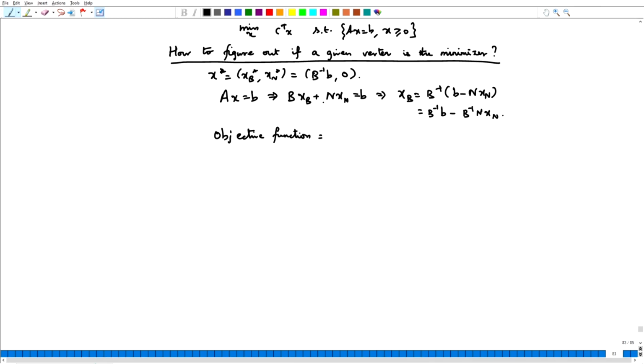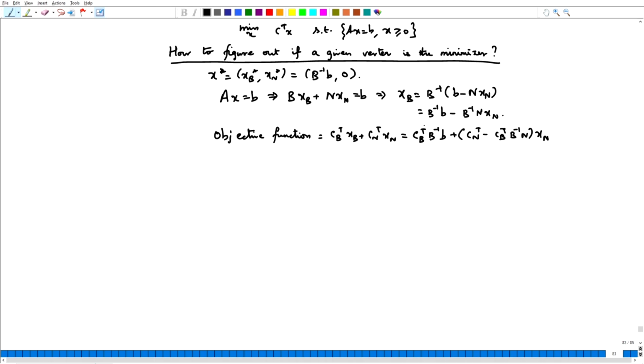Now, what is the objective function? So, the objective function is c transpose x, or in other words it is cB transpose xb plus cN transpose xn. Okay, I am just splitting x into the set of basic variables and the set of non basic variables, right. So, I have written down xb here, right. So, putting that down, we will have cB transpose B inverse b plus cN transpose minus cB transpose B inverse N into xn. Okay.